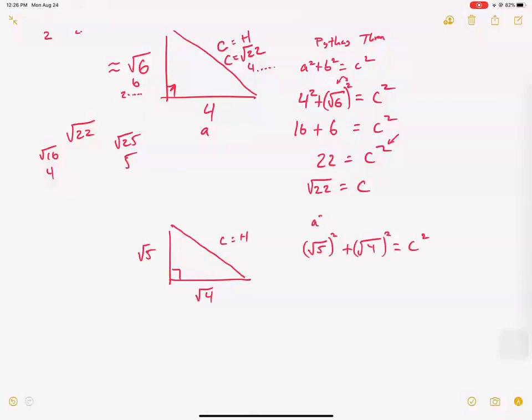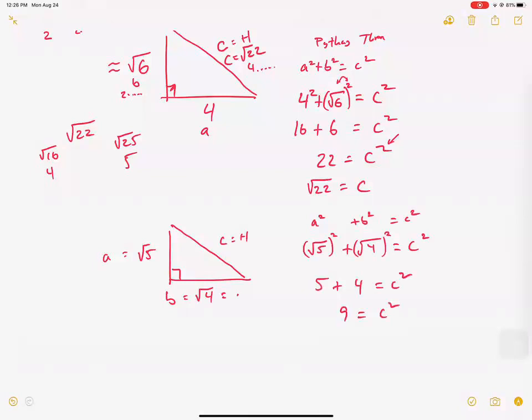Or you can think of it as a squared plus b squared equals c squared, where the legs are a and b. So the square and the square root cancel out, leaving me an easy 5 and an easy 4, which becomes c squared. And 9 equals c squared.